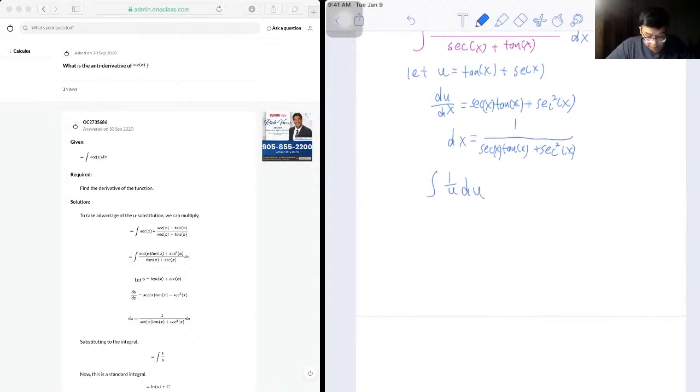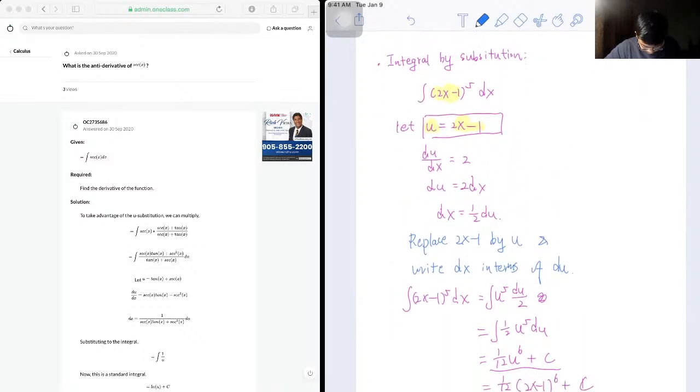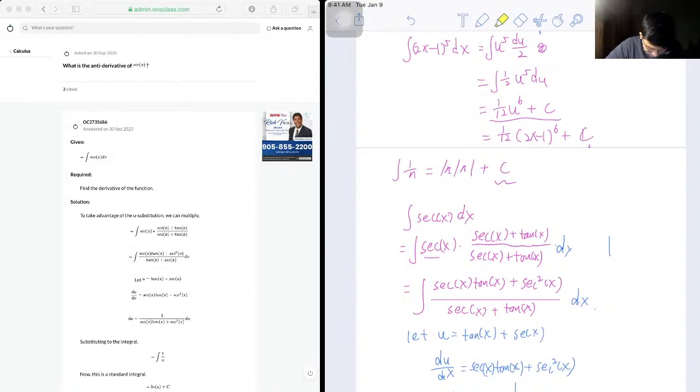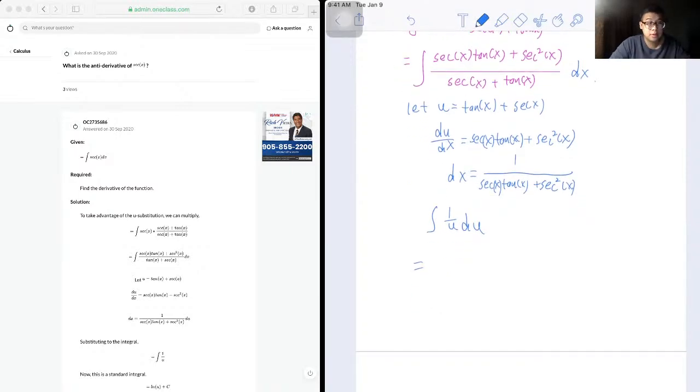And remember, whenever we take the integral of 1 over something, it's always going to be ln of the absolute value of n plus c. So in this case, it will be ln of the absolute value of u plus c.